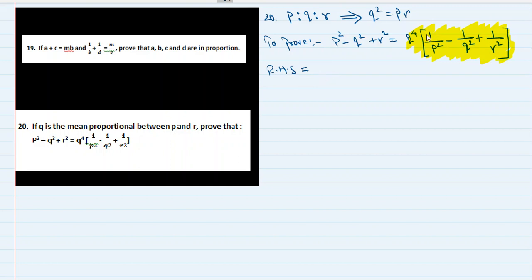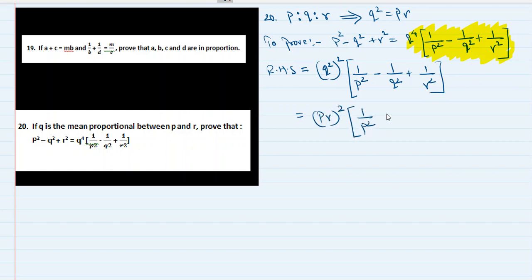No. In the place of Q raised to 4, I'm going to write Q square the whole square, bracket 1 by P square minus 1 by Q square plus 1 by R square. Okay, so this will become PR the whole square bracket 1 by P square minus 1 by Q square plus 1 by R square.